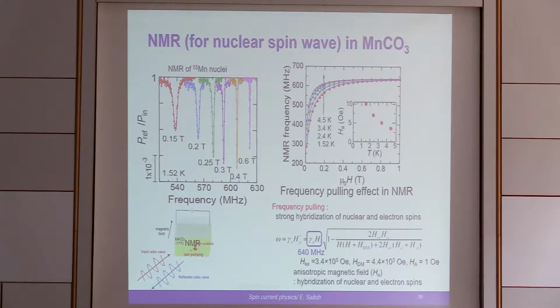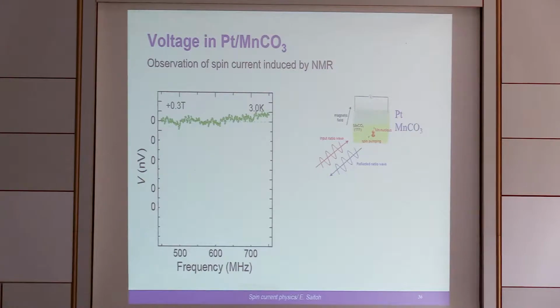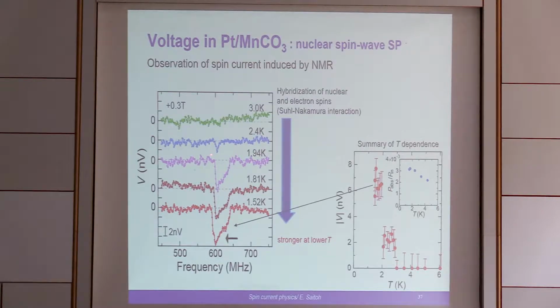Then we put a platinum layer on the top and measure the spin pumping with applying the radio frequency wave to this material. This is voltage as a function of the frequency. At 3 Kelvin, there is no signal, but lowering the system temperature, a voltage peak appears like this at the nuclear magnetic resonance frequency. Okay.